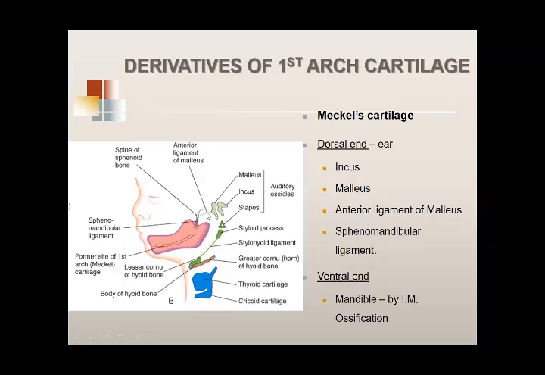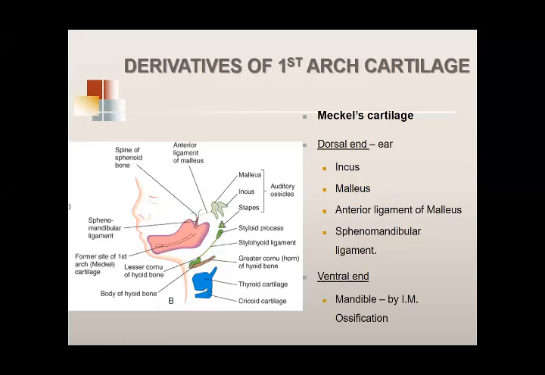Middle part of the cartilage जो है that regress कर जाता है, degenerate कर जाता है, लेकिन the perichondrium of the cartilage that persists, and the perichondrium of this Meckel's cartilage, this develops into anterior ligament of the malleus. ये malleus है ना, ये उसका anterior ligament of the malleus, and then you have this sphenomandibular ligament. This is the spine of the sphenoid bone, and this is the sphenomandibular ligament.